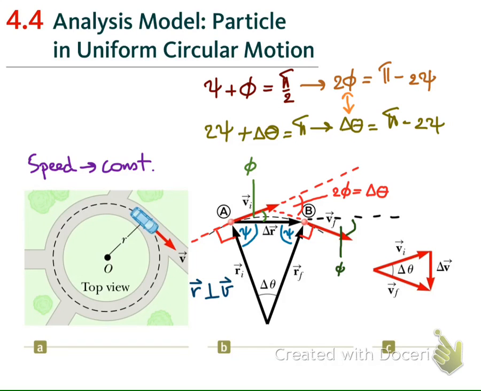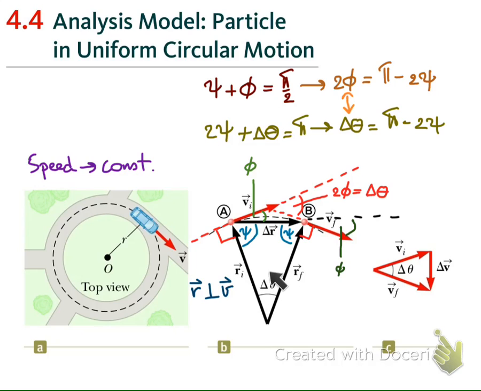Now if we look at these two triangles again, the triangle of RI, RF and delta R, and the triangle of VI, VF and delta V, you can see that we have two triangles with one angle equal here.